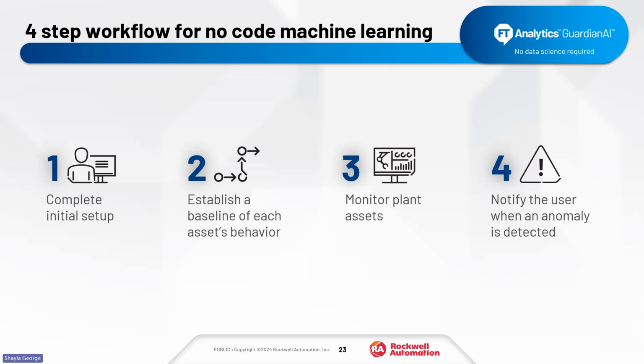As it's monitoring inside of Guardian AI software, you'll have a summary of the health of the asset. And anytime there is a deviation from normal operation, that's when the alert comes in. The user will get an alert by email, and the alert will also have the probable cause of that failure.